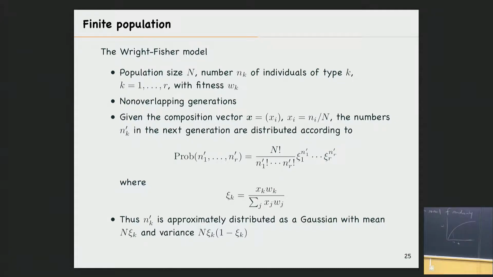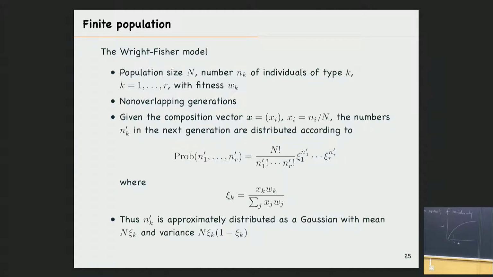In this way, this depends on the actual composition of the population from generation to generation, and it changes in time. But this multinomial can be approximately distributed as a multivariate Gaussian with a certain mean. If you look just at the number of individuals of a given type, this is a Gaussian with a mean given by the total size of the population times this probability of being chosen.